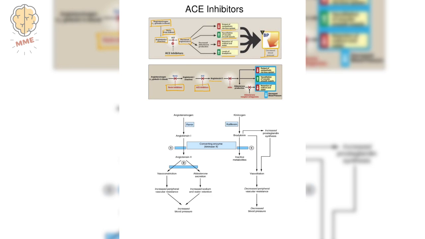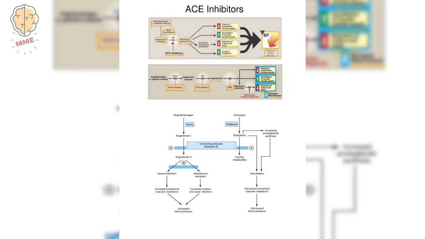And when we have angiotensin receptor blockers, we can see angiotensin 2 will not even be received on the kidney, and aldosterone production will also decrease, which will again lead to decrease in output of the sympathetic nervous system, increase of vasodilation of vascular smooth muscles, and decrease in retention of sodium and water, which again will lead to decrease in blood pressure.